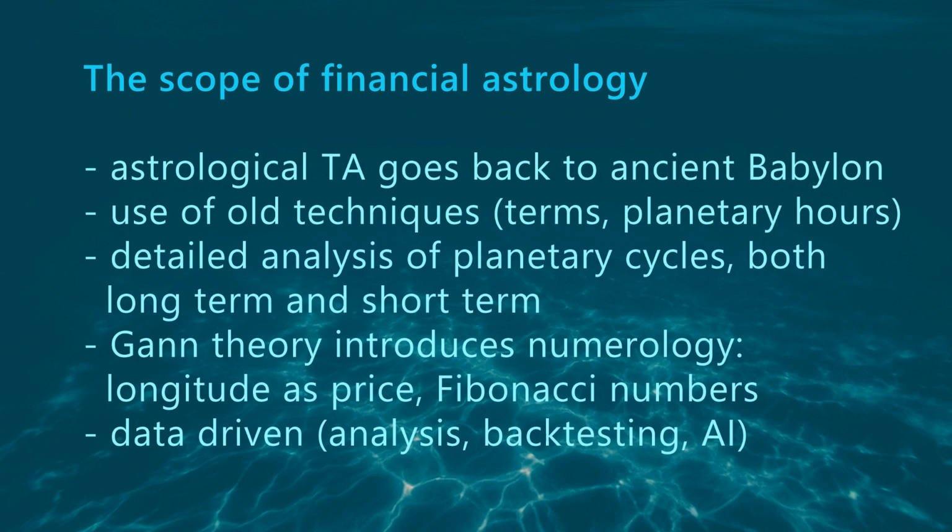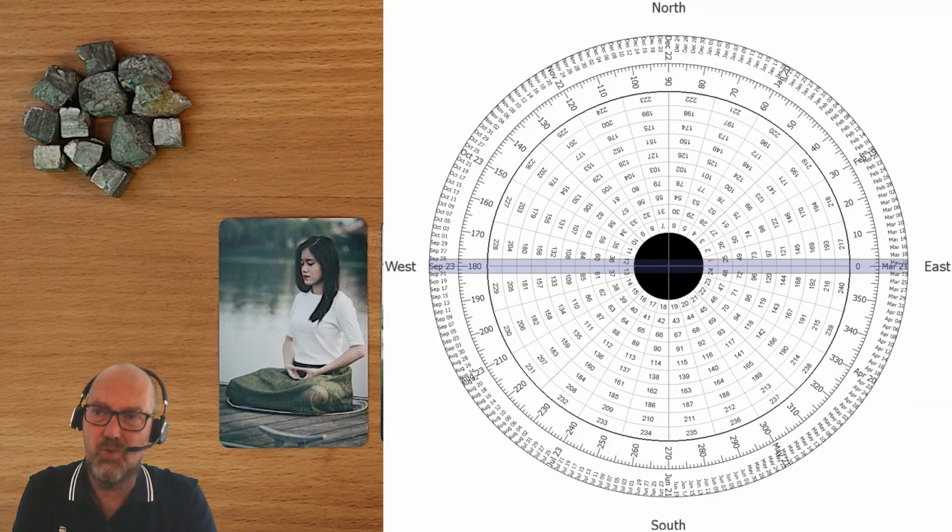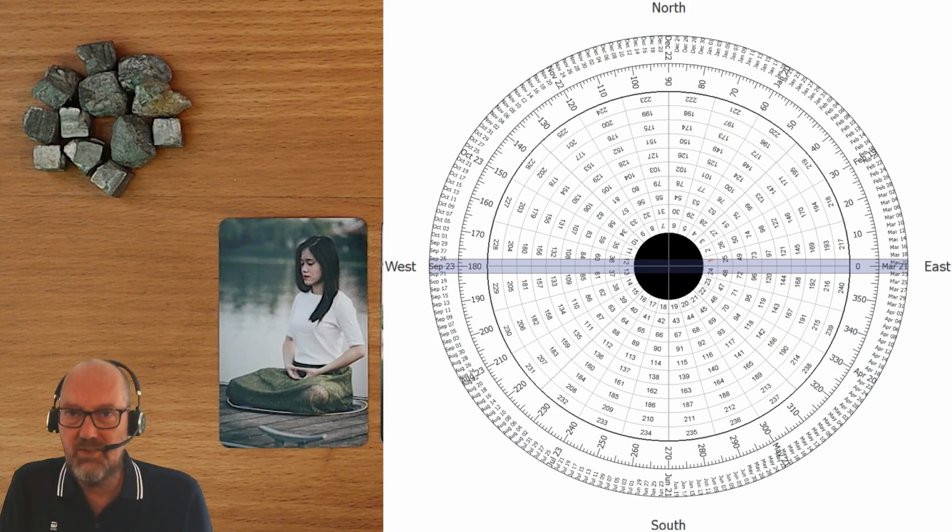I would call it numerological, in the sense that you convert a longitude, an angle in degrees, to currency, so to speak, to dollars. That is also a part of asteroid astrology, and it's the more mysterious part. And another important part is the use of Fibonacci numbers.